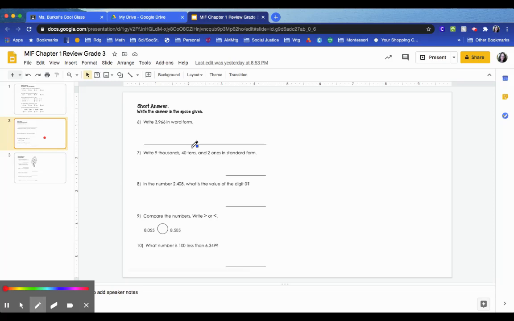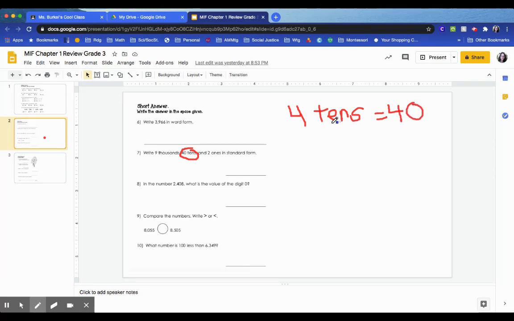Okay, here's the tricky part. 40 tens, not 4 tens. 4 tens would be 40. This is 40 tens.